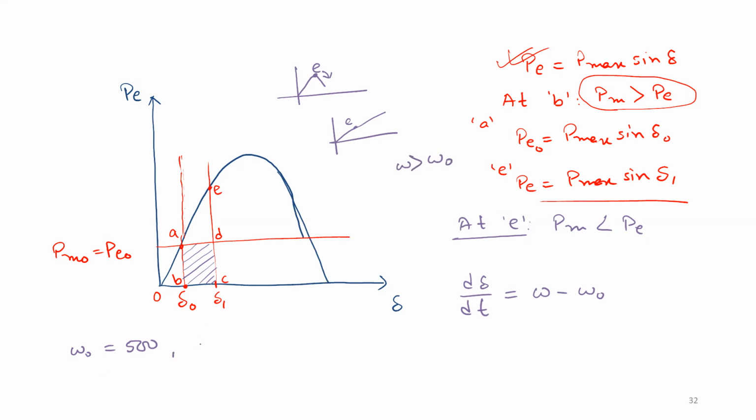So let's say my omega suddenly increased all the way up to 1500 during my ABC operation. Now, when we are coming to point E, my omega will start decreasing. But can it go from 1500 to below 500 instantly? Can it do that?